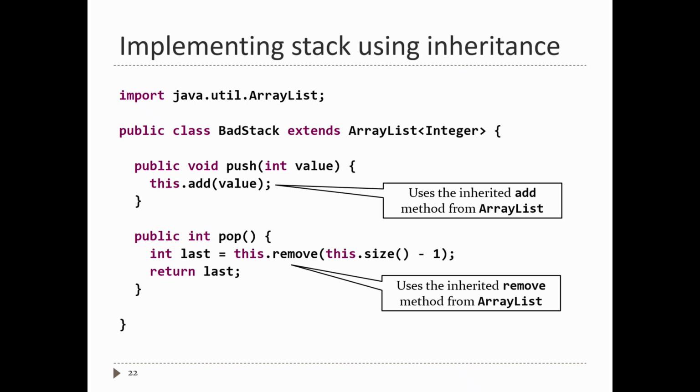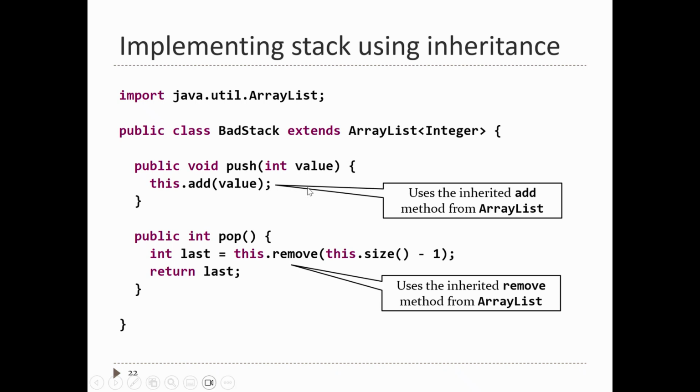In inheritance, when I create a class, you state which class you're inheriting from, so you use the keyword extends, and then you state the class which you are extending, the direct superclass. So I want BadStack to inherit from, or be the subclass of, ArrayList<Integer>. What does this mean? It means every BadStack has all of the methods that ArrayList has.